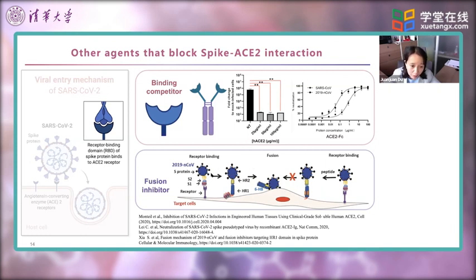So people have also developed fusion inhibitors, which are a piece of peptide from the S protein itself that can block the fusion, this conformational change, so that the virus cannot infect the cells. So these are the alternative approaches that target this virus infection.